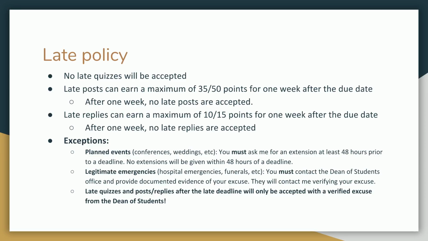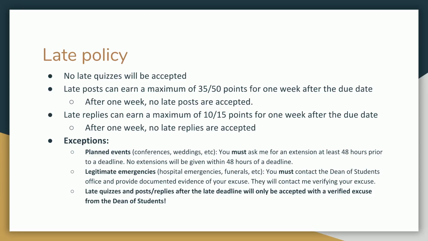Planned events are things that you know are coming, and because you know they're coming in advance, in order to get an extension for a planned event, you have to ask me for that extension 48 hours before the deadline to that event. So your posts are due on Friday. That means you have to have asked me for an extension by Wednesday if you want an extension for that post. If it's Thursday or if it's Friday at 5 p.m., you're not going to get an extension.